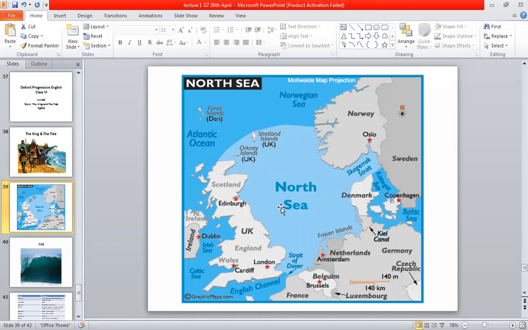The story was modeled about this king who was called Canute. He was a very wise king, and his courtiers thought he was the most powerful king.